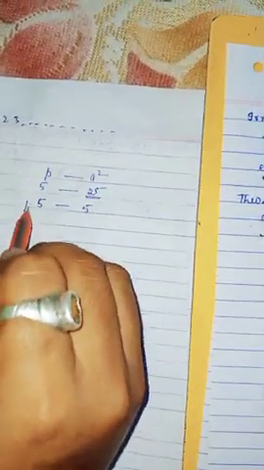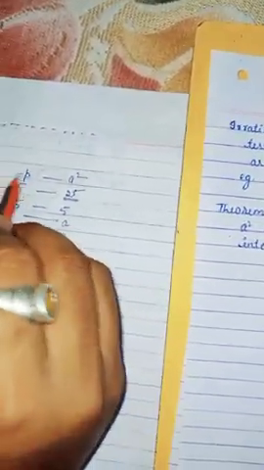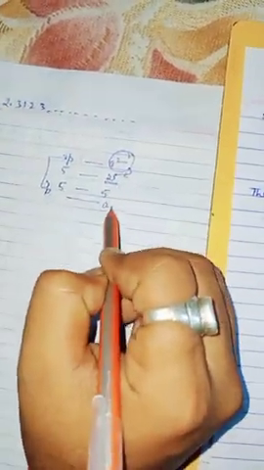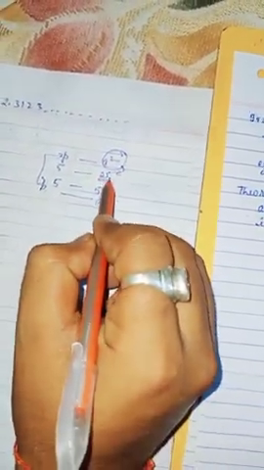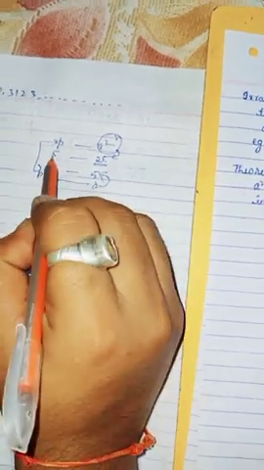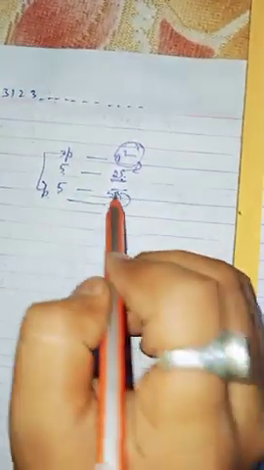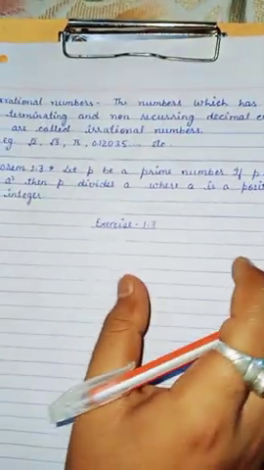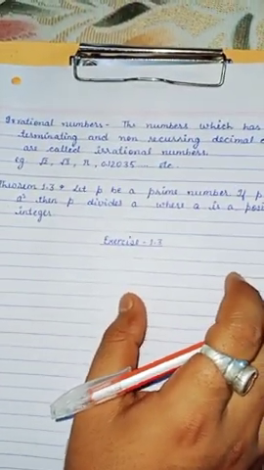Why? Because the theorem says if p divides a square, then p divides a. Simple it is. That is, a square here is 25 and a will be the square root of 25, that is 5. If 5 divides 25, then 5 divides 5 obviously. So this is our theorem 1.3, and we will be using it in doing the questions of exercise 1.3.